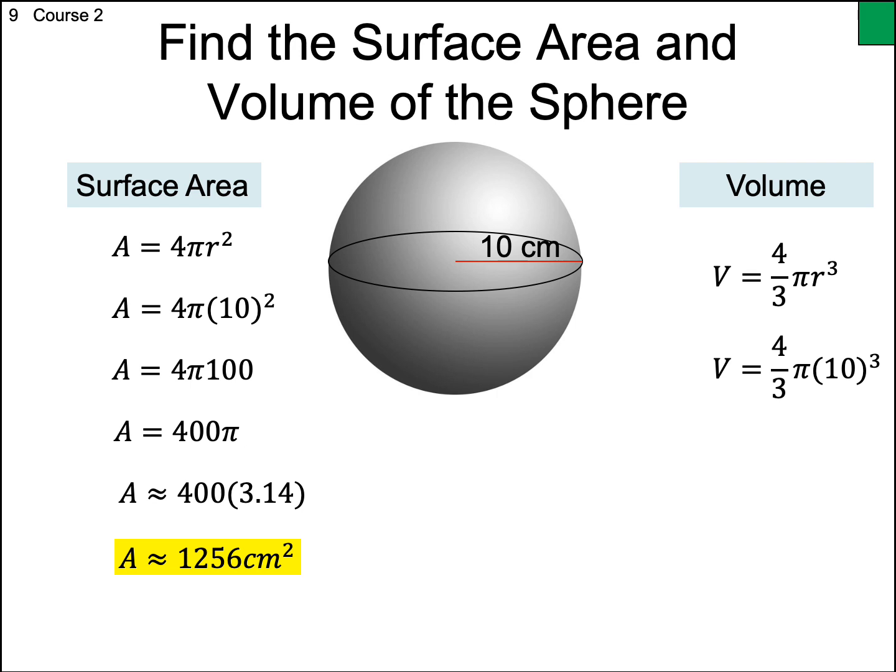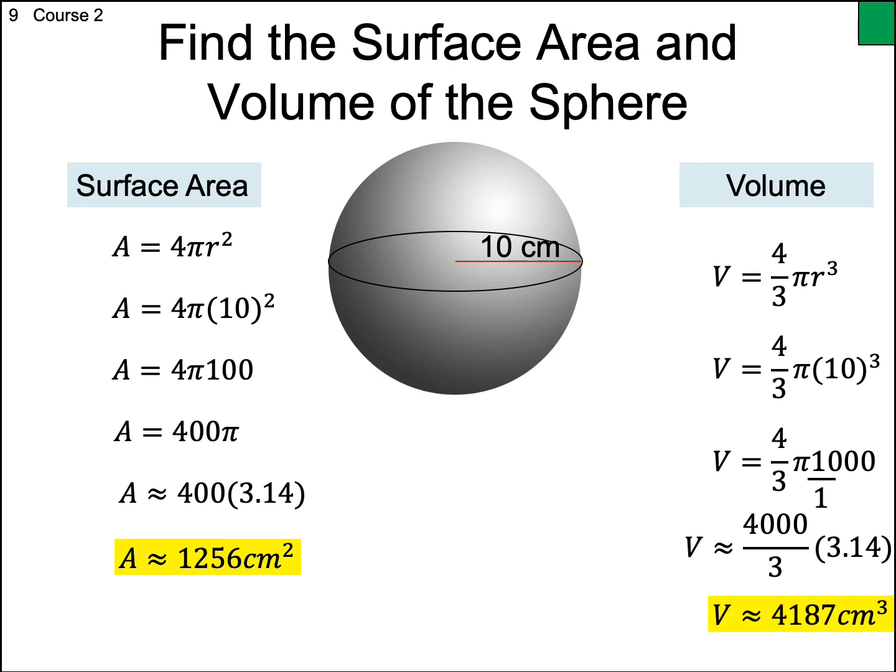Yeah, 10 times 10 times 10. That would be 1,000. 1,000 times 4 is 4,000, so we get 4,000 over 3. 4,000 times 3.14 divided by 3 is approximately 4,187 cubic centimeters. Okay. All right.